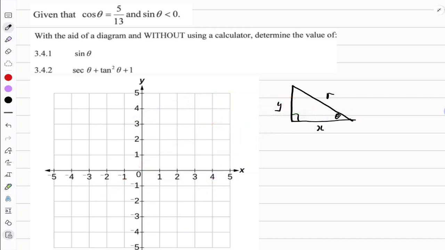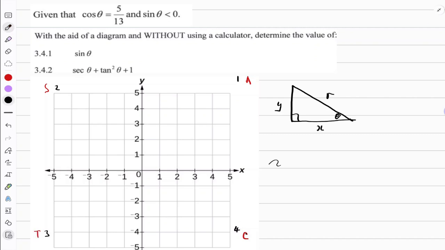So a good place to start would be to label our Cartesian plane. This is the first quadrant, second quadrant, third quadrant, and fourth quadrant. And we also need to label our cast. This will help us to determine in which quadrant the trig ratios will be positive or negative.